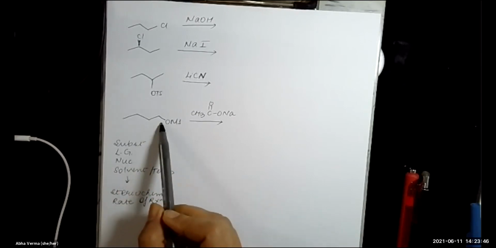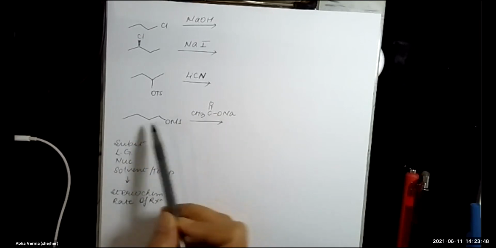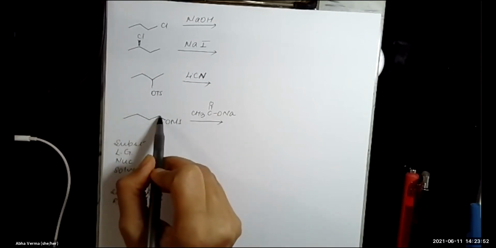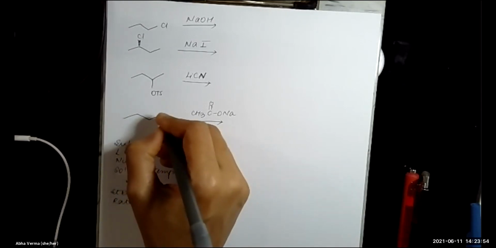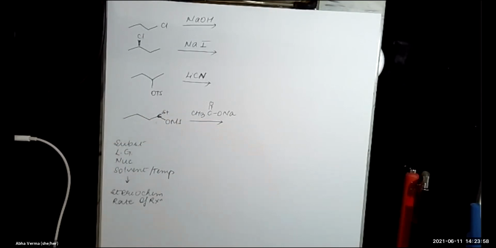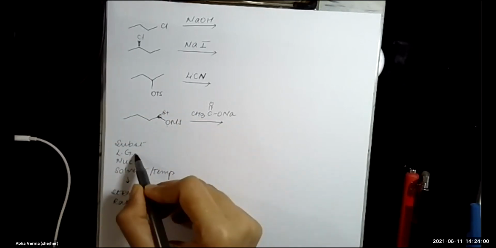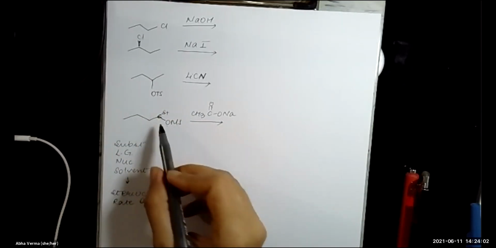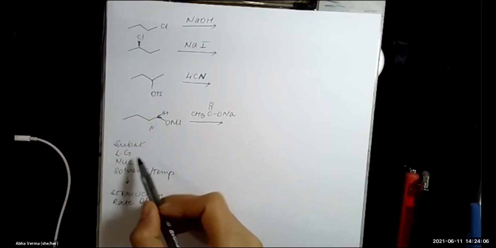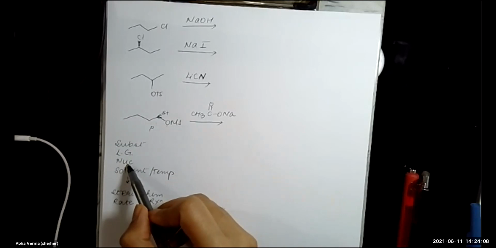For example, let me do one of these for you. Let's do this one. On this particular substrate, this is my carbon of electrophilic nature. OMs is a great leaving group, and it is on a primary substrate. What is my nucleophile here?